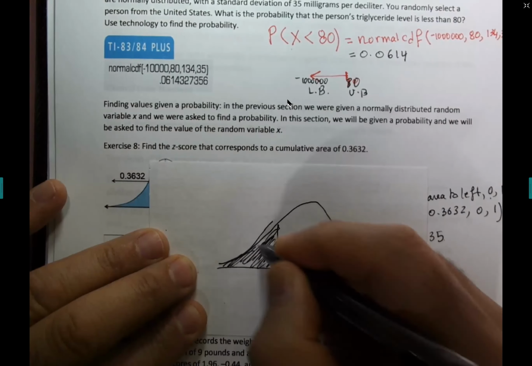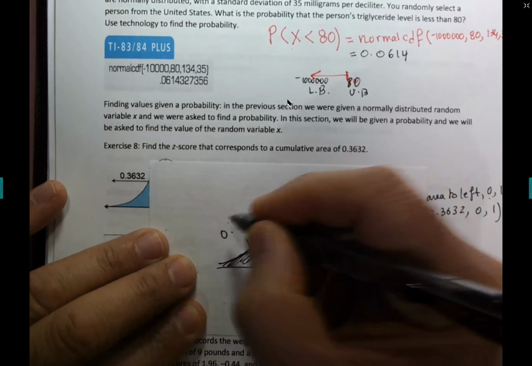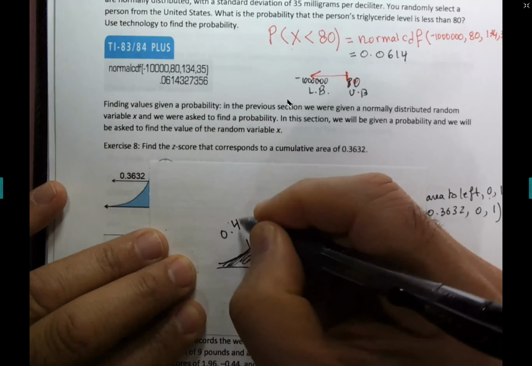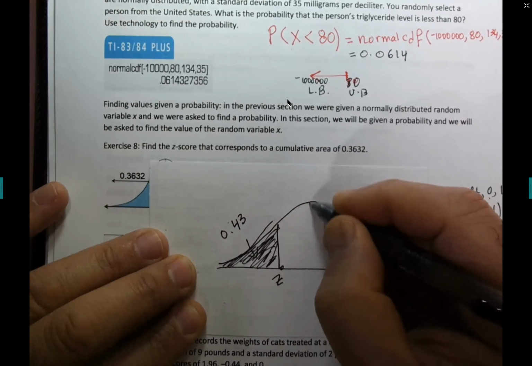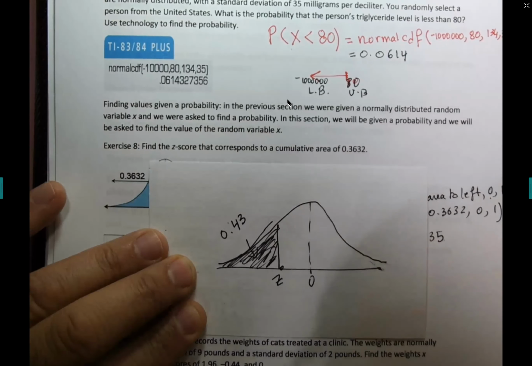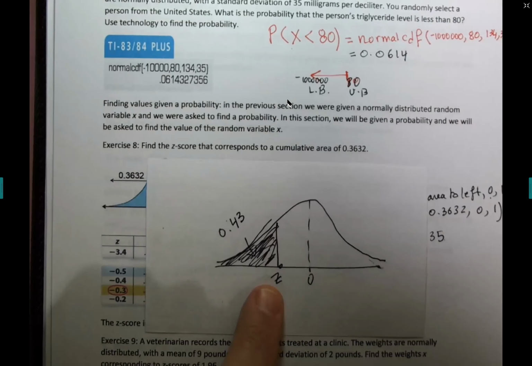Okay, I'm going to make the area, guys, 0.43. And I want the z. Okay, 0.43. Let's take you to the table and see how good the table is. I'm going to show you the drawback of using the table here. Well, we know the answer is going to be negative. It's a negative z-score. So I'm going to project the z table from the negative side.